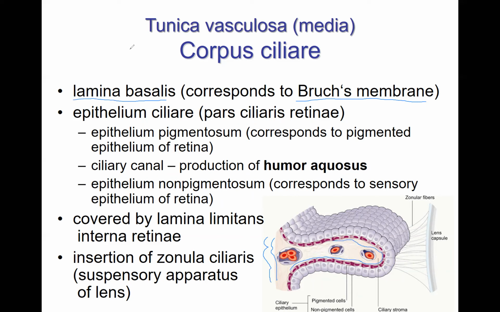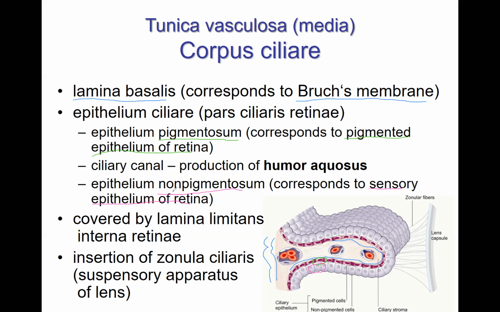And then on the basal lamina, we have epithelium. The epithelium has a pigmented layer, a continuation of the pigmented layer of the retina. And then we have a non-pigmented layer.